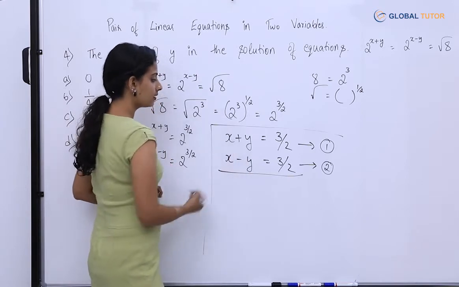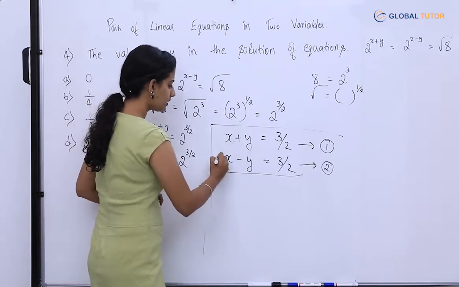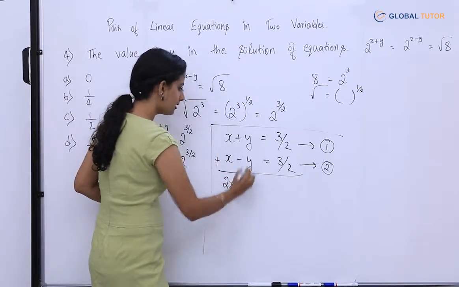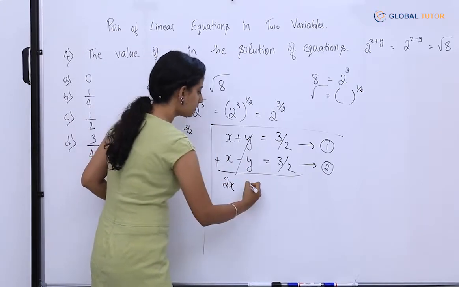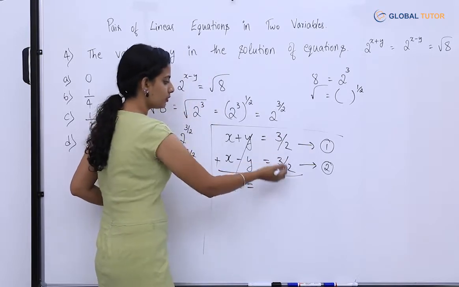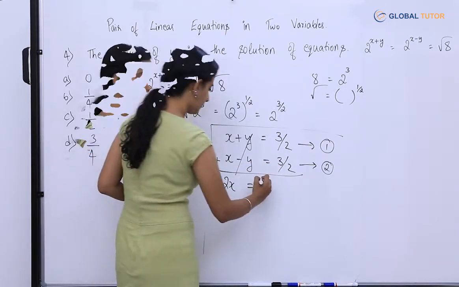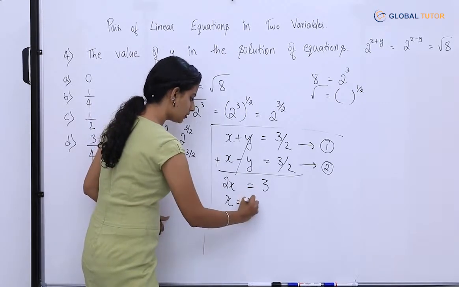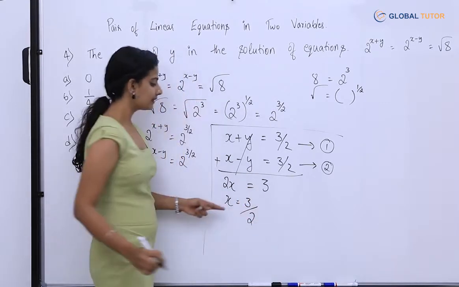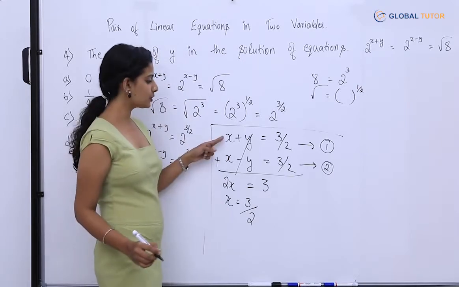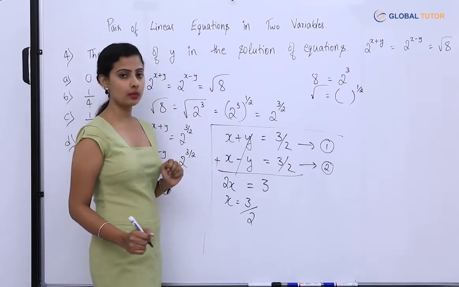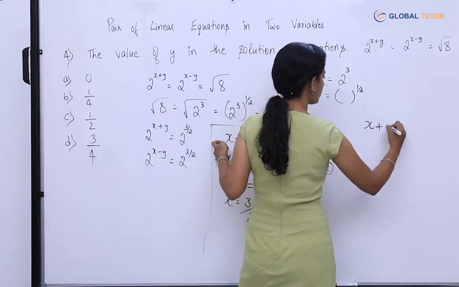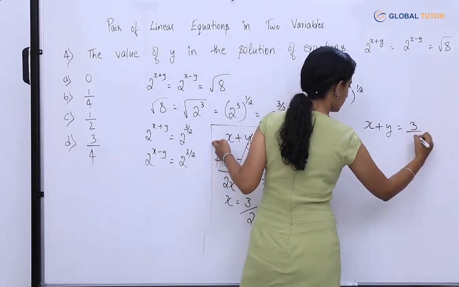Because the signs are different for y, we can just directly add. So this becomes 2x, y and y gets cancelled, is equal to 3 by 2 plus 3 by 2 is 3. We have 2x is equal to 3, which means x is equal to 3 by 2. This can now be substituted in any of these two equations. So let's take x plus y is equal to 3 by 2.